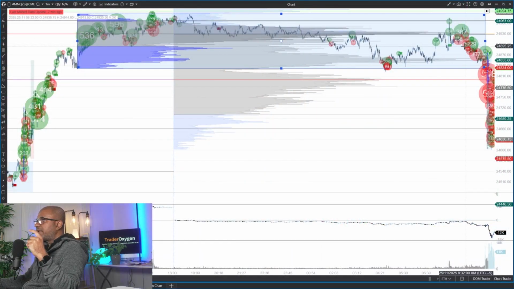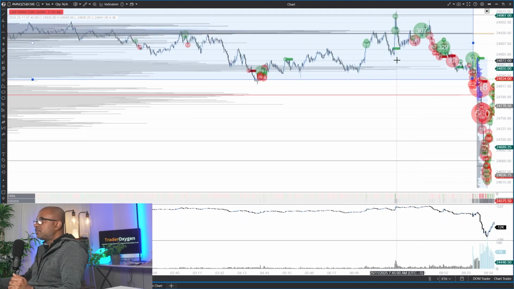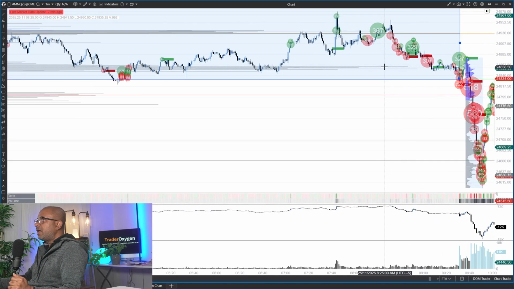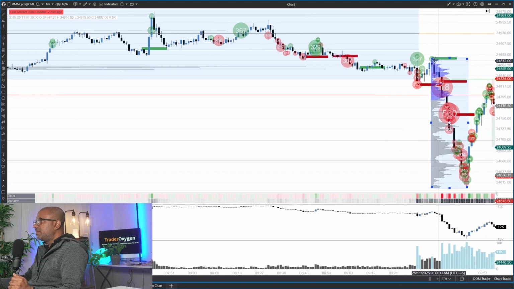You can see the price pushed strongly away from this range, away from this value area low in this area. So when the price pushed away from the value area low, in this price swing down, what we did was we drew the volume profile.